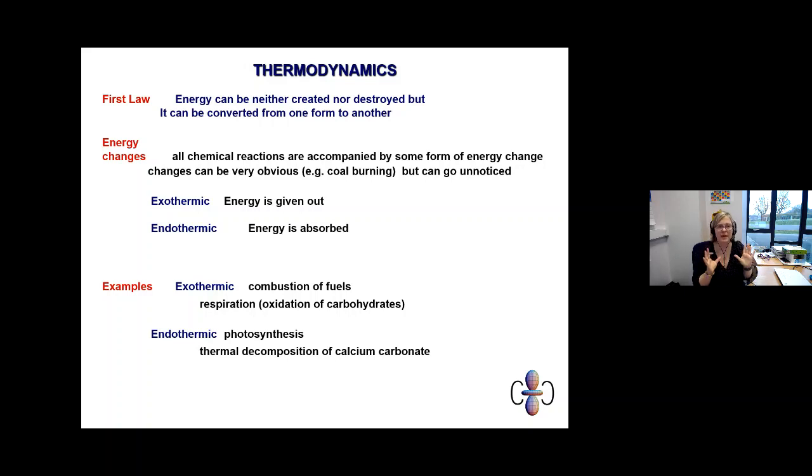Well, just be clear. Exo, energy is given out. It will generally be seen as something getting hotter, and endothermic, energy is taken into the system, but as a result, the surrounding area gets colder. Okay, so exothermic combustion is the obvious one, and we will deal with specific definitions of enthalpy of combustion tonight. So we know that burning anything will always be exothermic.